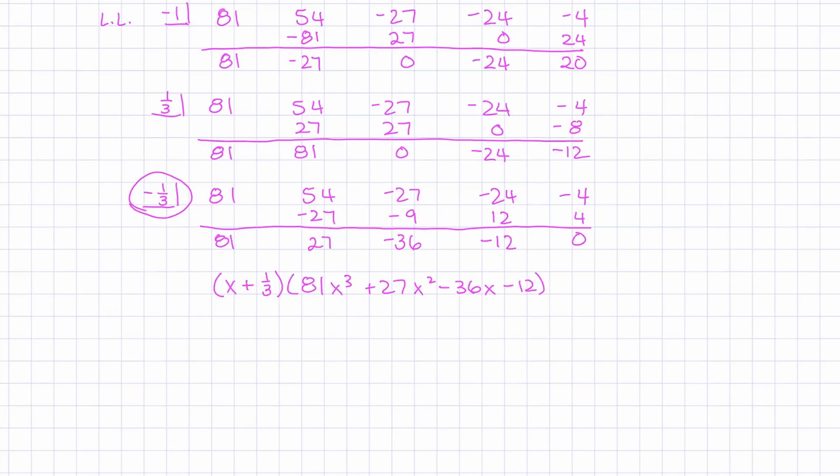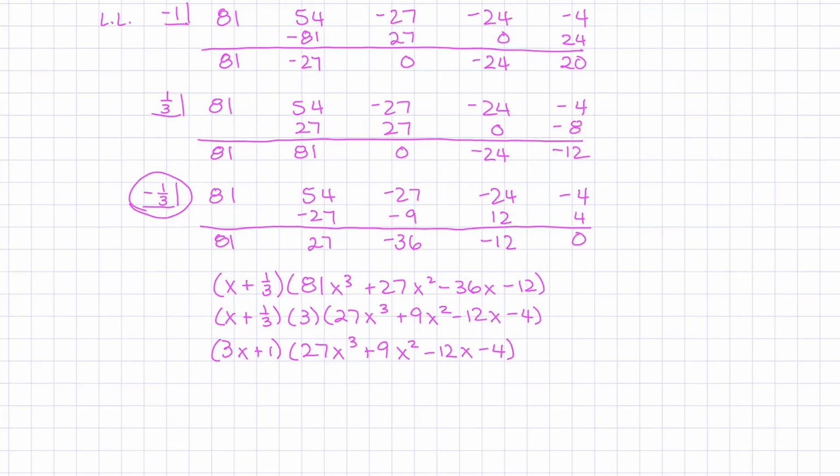So what we can do is we can factor out a 3 from that second factor here. And then that 3 can distribute into the x plus 1/3, turning it into integers.